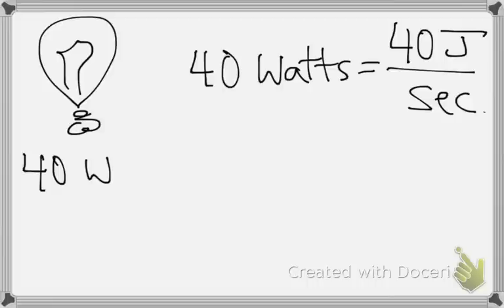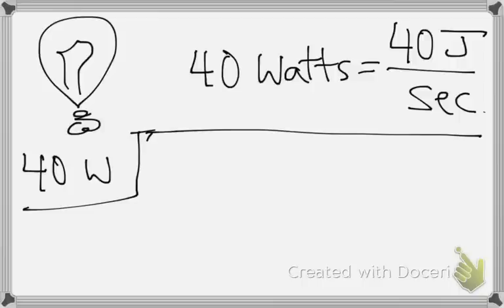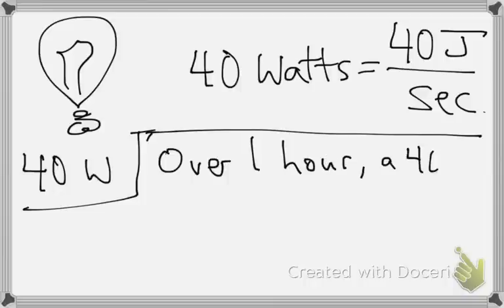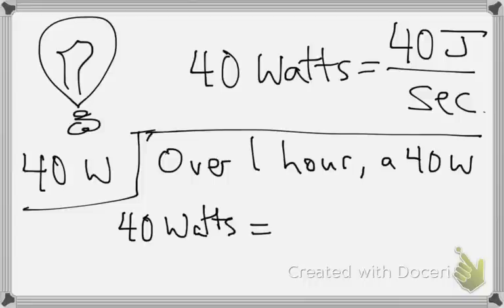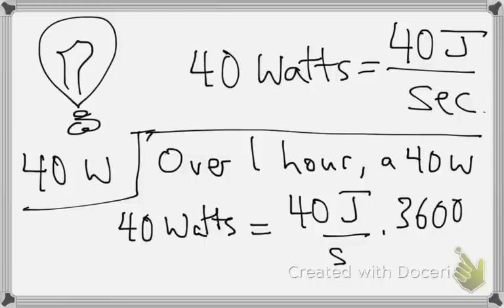Okay. So how much energy would be used by a 40-watt light bulb over an hour? So over 1 hour, a 40-watt light bulb would be using 40 watts, which is 40 joules per second, times 3,600 seconds in an hour.